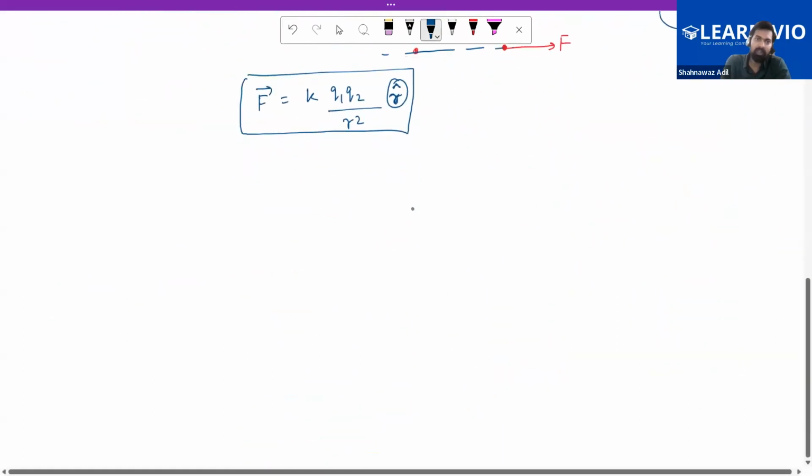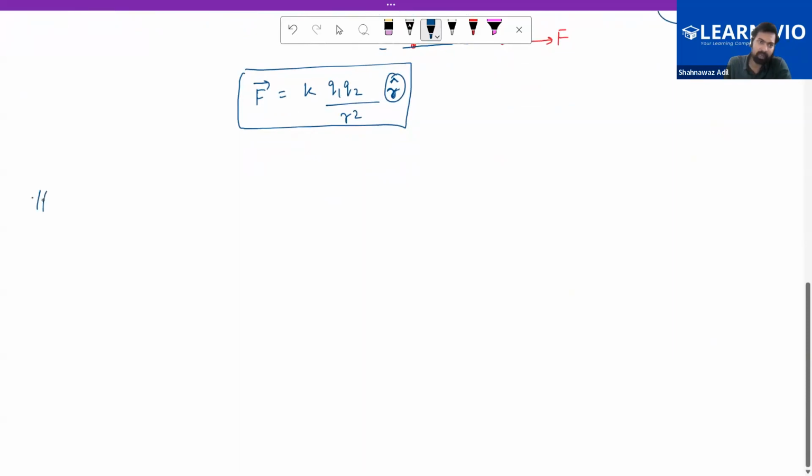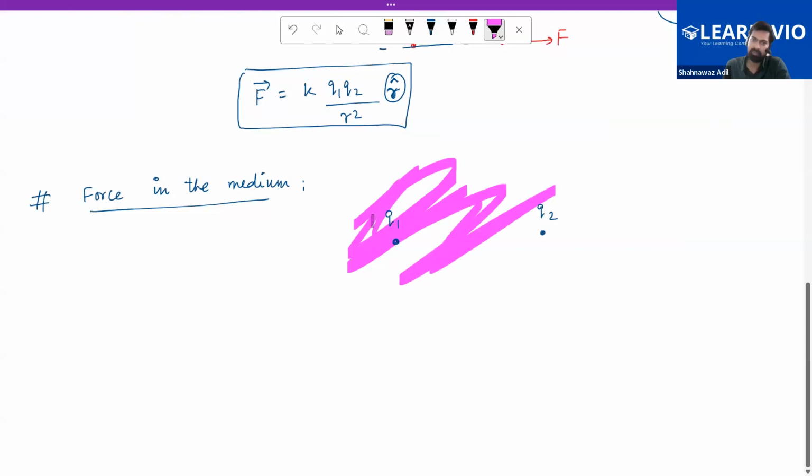So let's talk about the force in the medium. Let's say that we have these same two charges, and we put this thing in some medium, right?